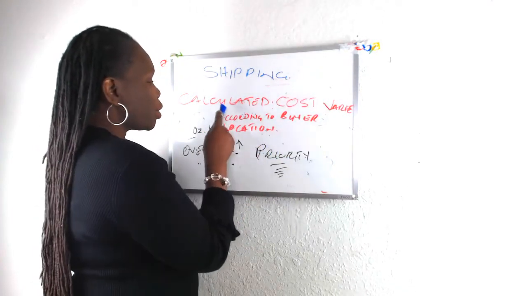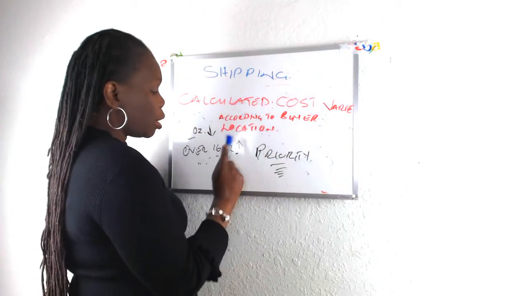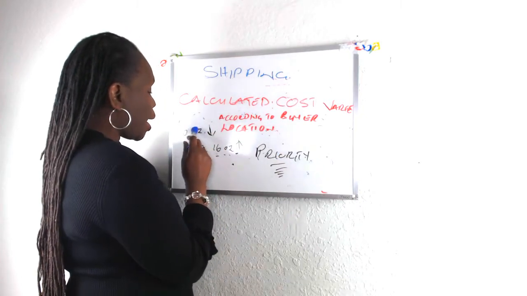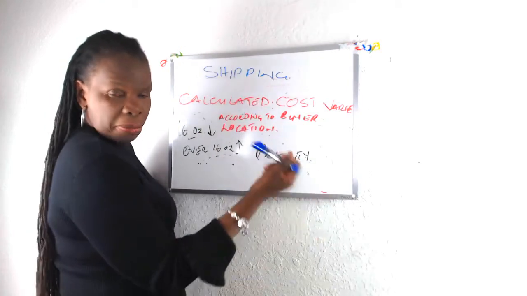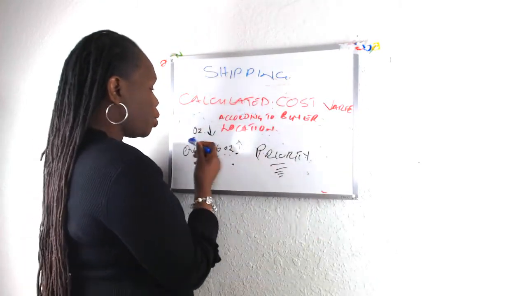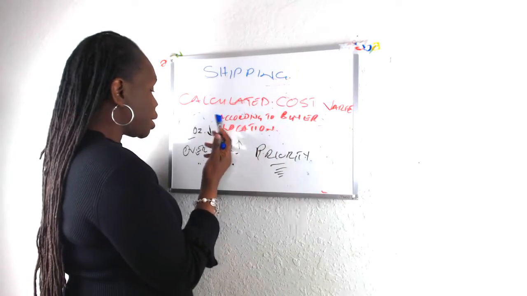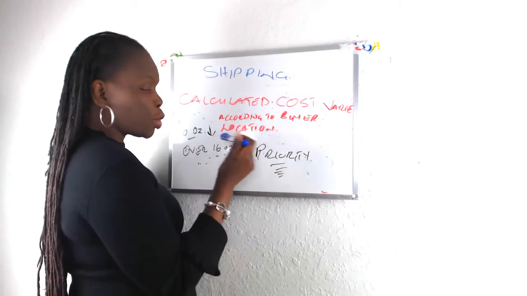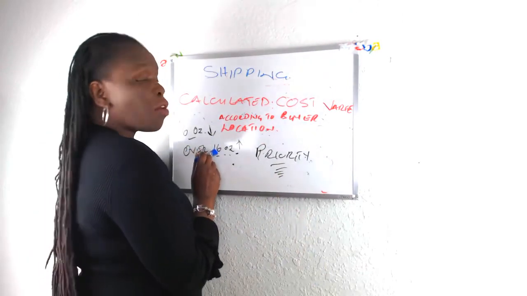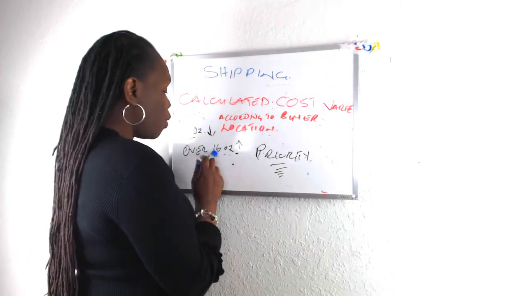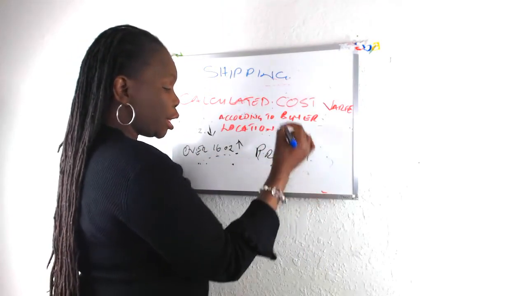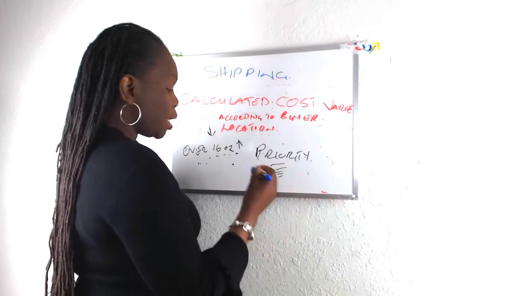If it's first class, you're going to automatically select first class, and then it's going to calculate according to their location as well, and according to the weight that you are going to put in later. And if it's over a pound, over 16 ounces, then you're going to select priority, whatever number of days.